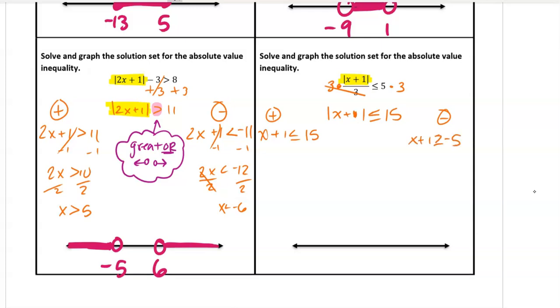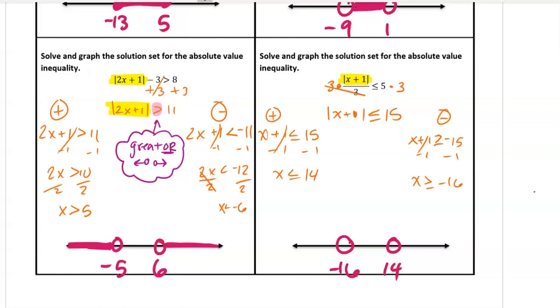On the negative side, we flip the inequality and make the 15 negative. Start by subtracting the 1 on both sides. And we get our two solutions, negative 16 and positive 14.